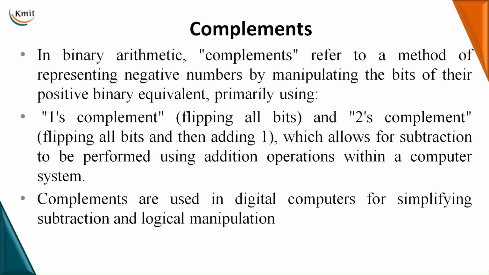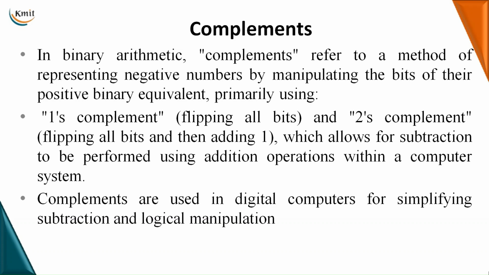There are different types of complements implemented in binary arithmetic, like ones complement, twos complement, sevens complement, eights complement, nines complement, and tens complement. But we are not going to discuss all the different types.